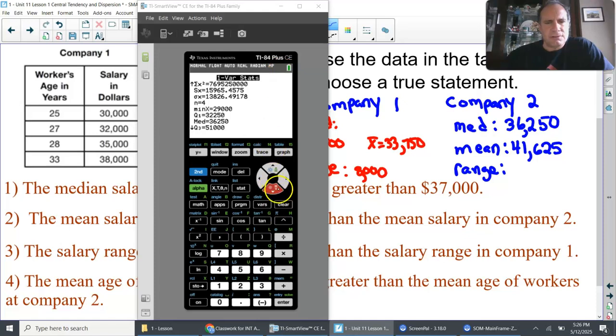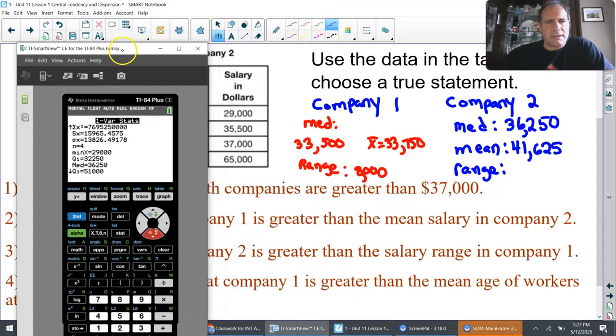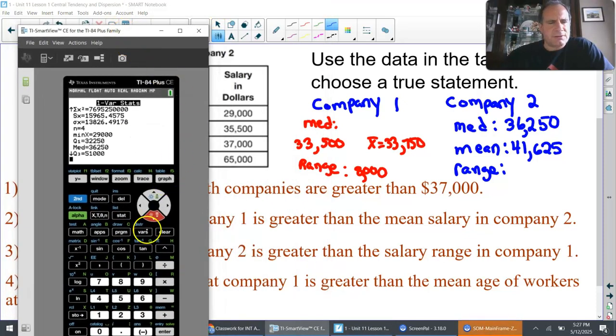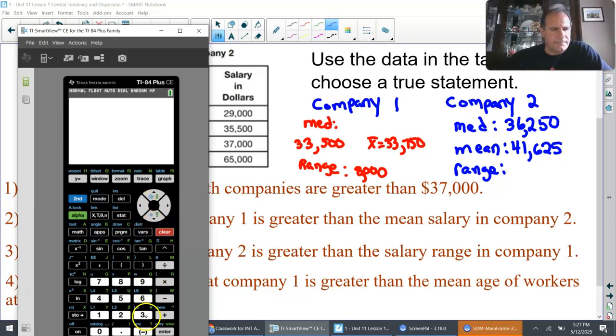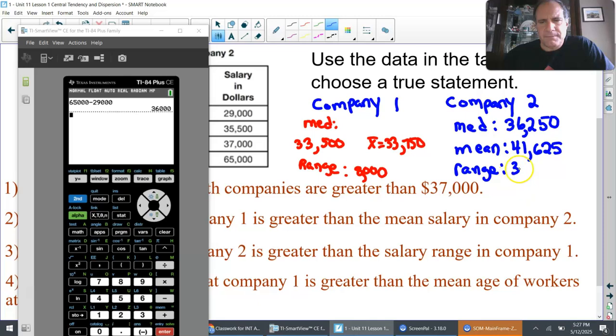And the range is 65,000 minus 29,000. Let me clear this out. Enter. So it's 36,000. Wow.